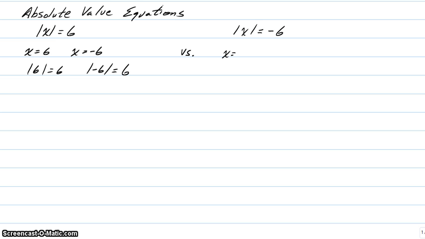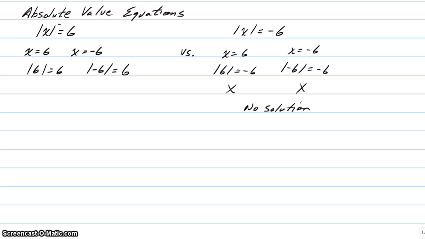Well, if I say x equals 6, when I plug that in, not a true statement. And if I say, okay, well, let's let x equal negative 6, and I go to plug that in, not a true statement. So in this case, we can say no solution, because there's no value of x that's going to make an absolute value turn into a negative number.